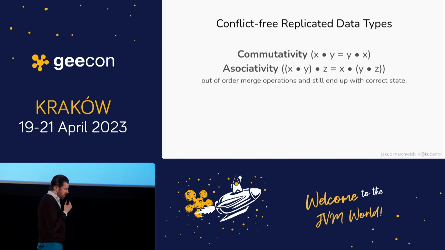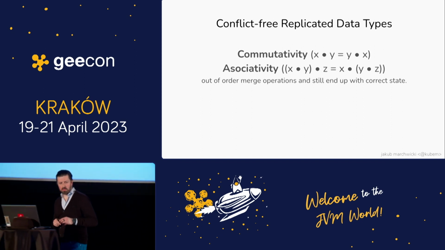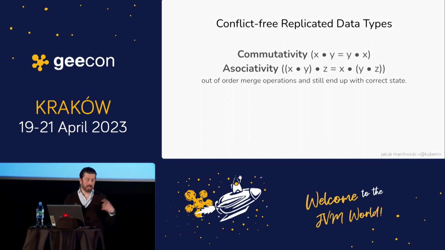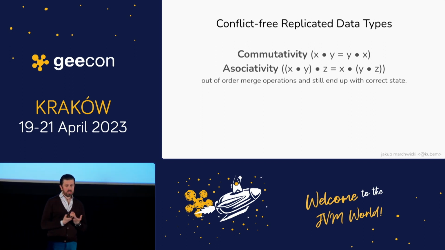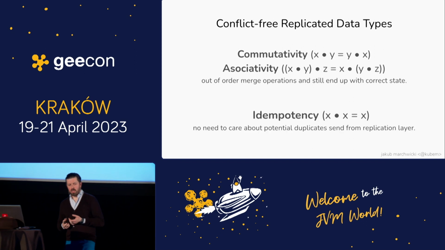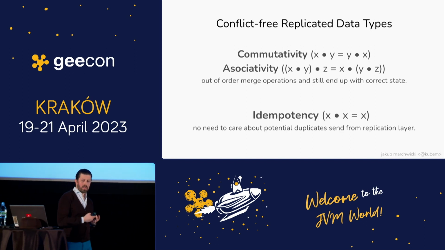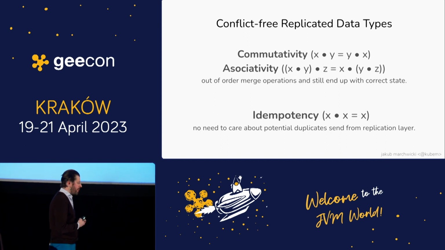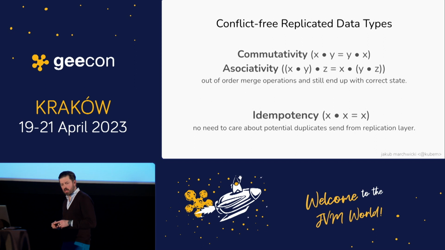So kind of a precondition for having a conflict-free replicated data type is that we can merge those data types, whatever order of the data is coming. And we don't really care about potential duplicates coming from the replication layer. Once we have it, we are more flexible in building up or designing our store.